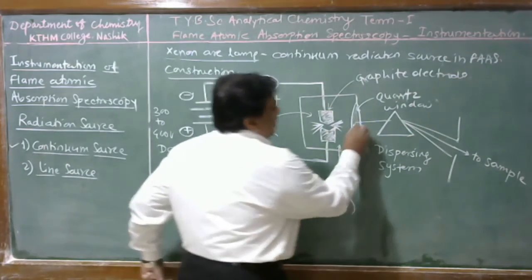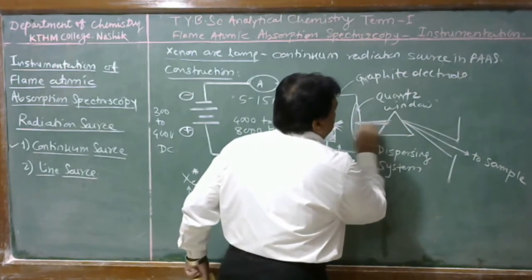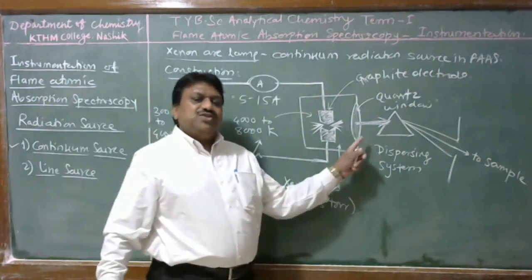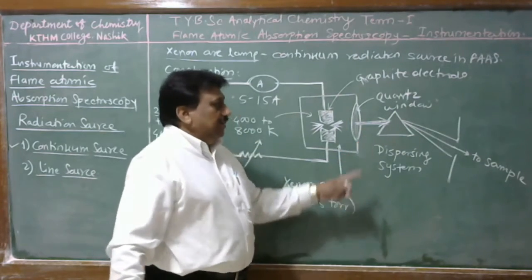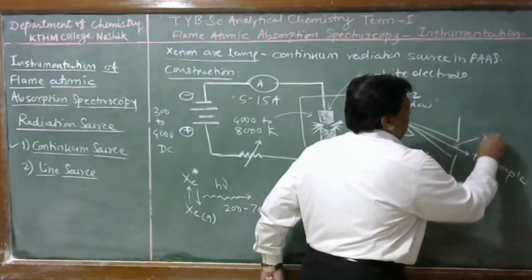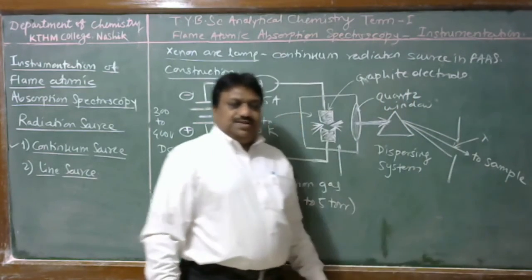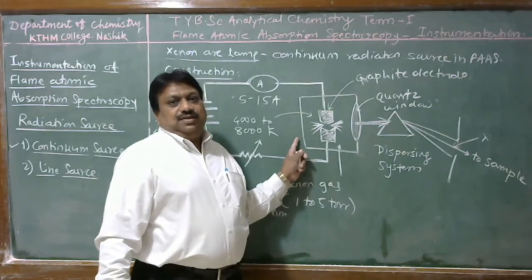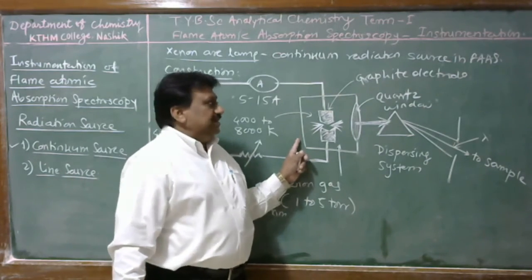These radiations are then given to a prism monochromator where dispersion of radiation is carried out and a particular wavelength is isolated for analysis purpose. In this way the working of this xenon arc lamp takes place.